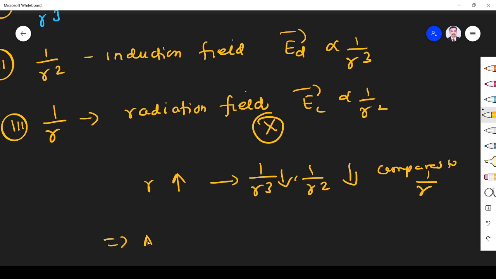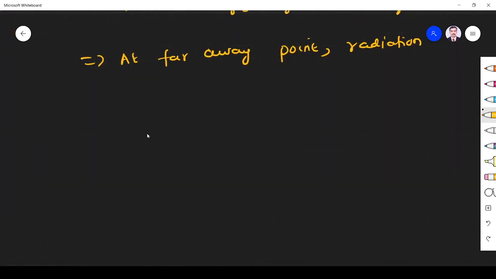So at a far away point, if P is far away, then radiation field is dominant. That's why we find the radiation field at a far away point.